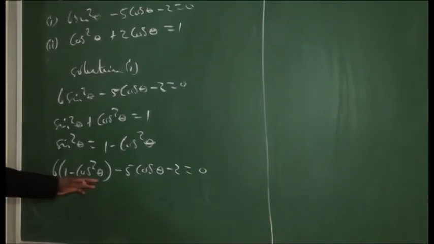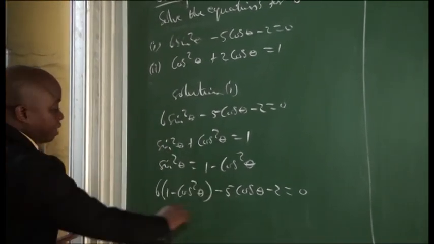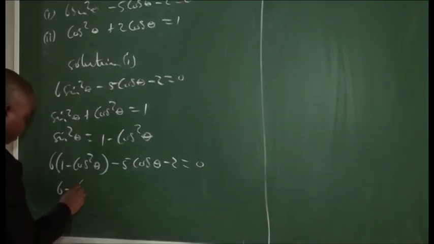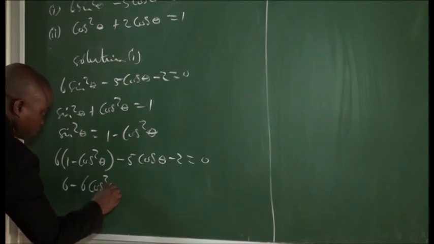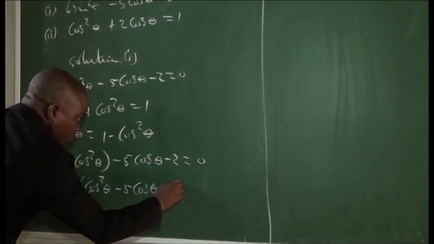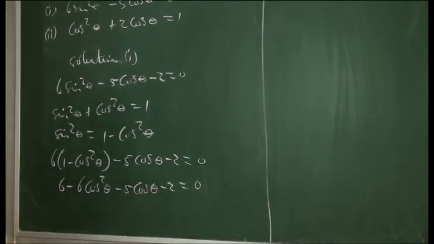So you see what identity can help me do. I've replaced that here so that I will have the whole thing in cos. And this will give me 6 minus 6 cos square theta minus 5 cos theta minus 2 equals 0. Now 6 minus 2 is 4.